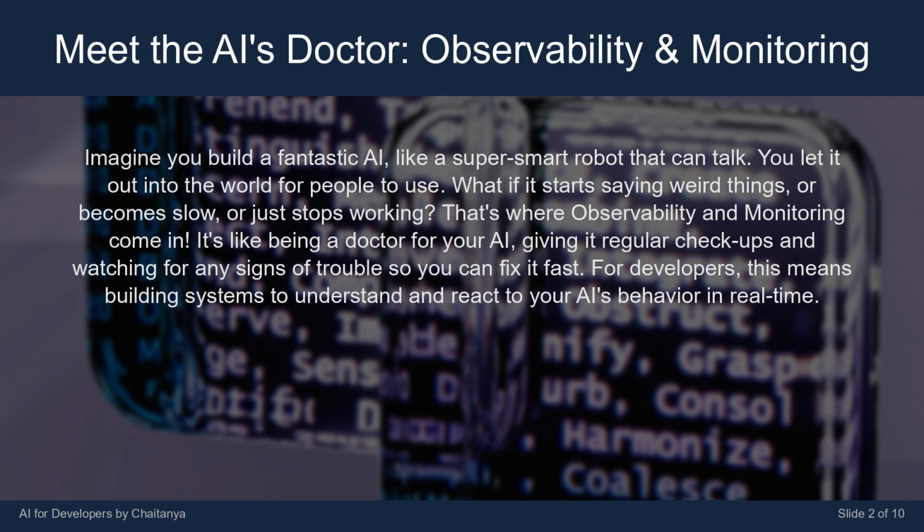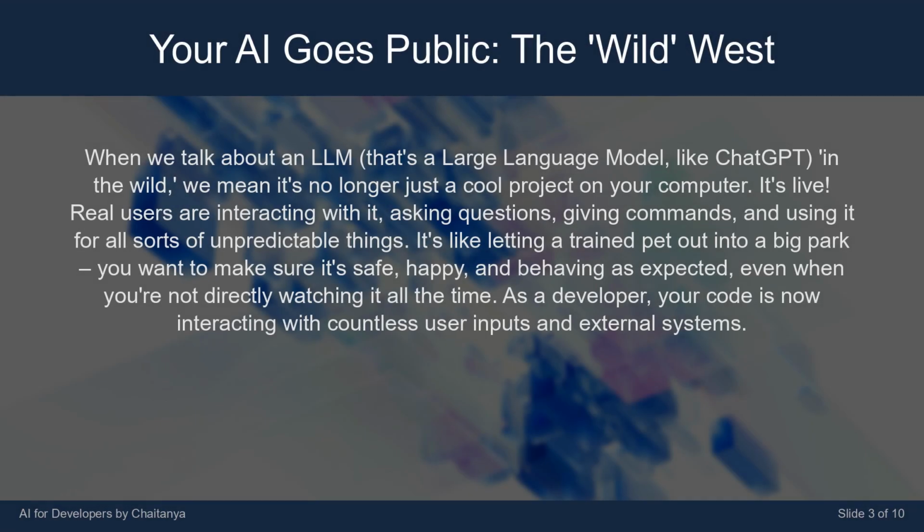For developers, this means building systems to understand and react to your AI's behavior in real time. When we talk about an LLM, that's a large language model, like ChatGPT. In the wild, we mean it's no longer just a cool project on your computer. It's live.